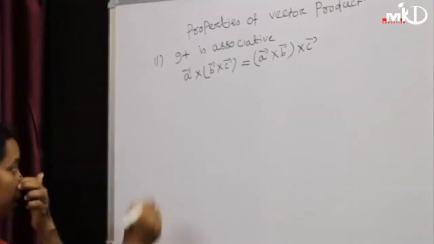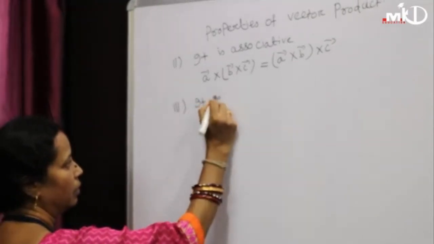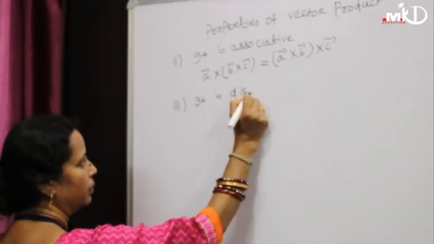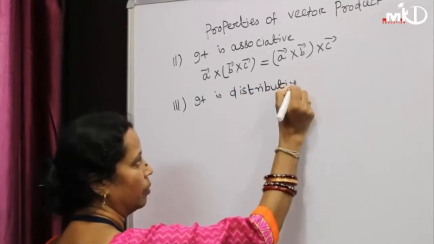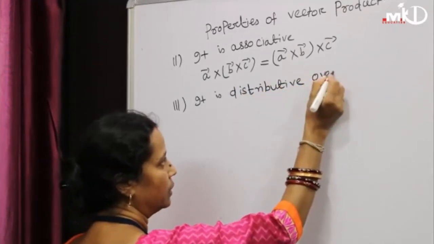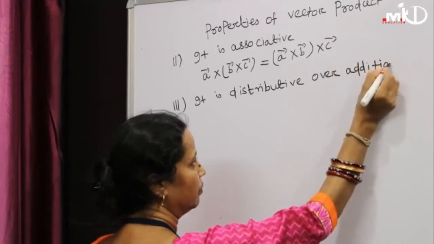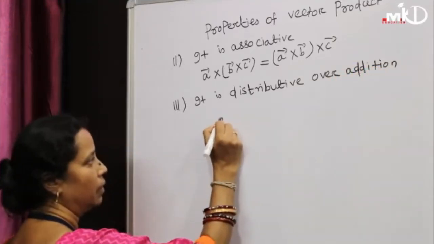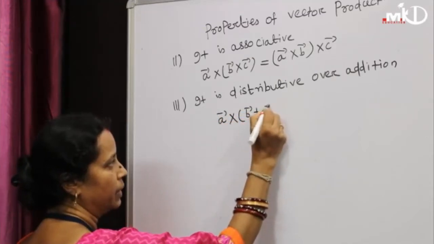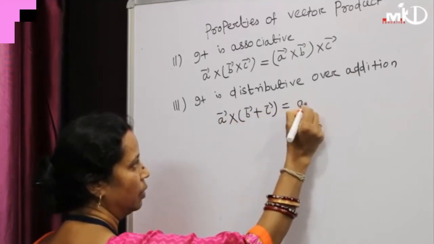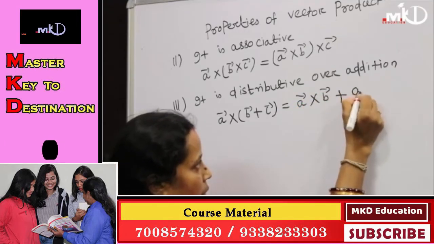And the third property, it is distributive over addition. That is, A bar cross B bar plus C bar is equal to A bar cross B bar plus A bar cross C bar.